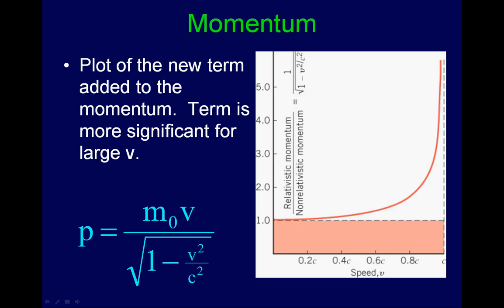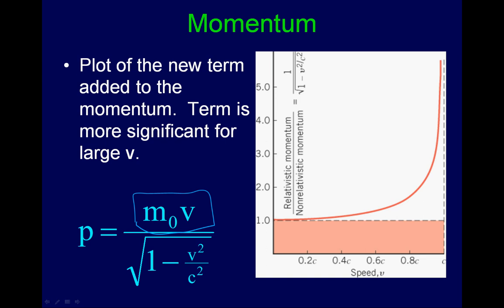And here's a graph showing you how relativistic momentum goes with non-relativistic momentum. As the speed of the relative frames increases, say there's some object going m0 times v, and now its velocity increases, what happens?